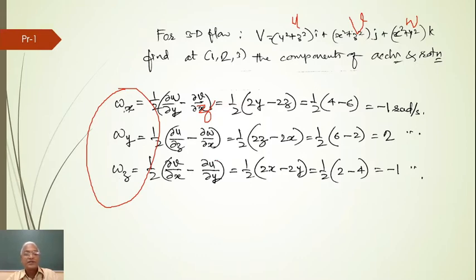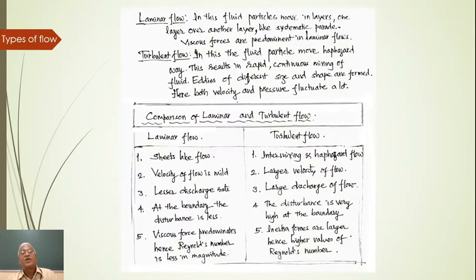Similarly, omega z equal to half into bracket dou v by dou x minus dou u by dou y, dou v by dou x is 2x, dou u by dou y is 2y. Simplification gives you half 2 minus 4, that is minus 1 radians per second. So these are rotational components in different directions. So that completes the problem number 1. We'll go to the next. Okay, here I have revised slightly laminar flow.